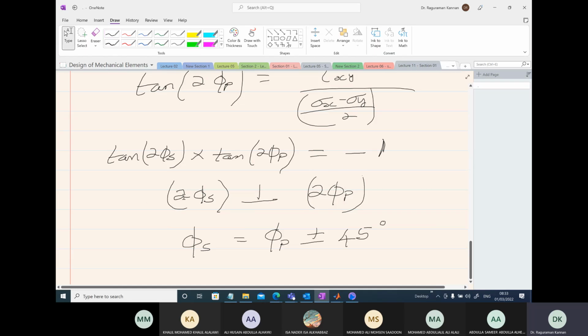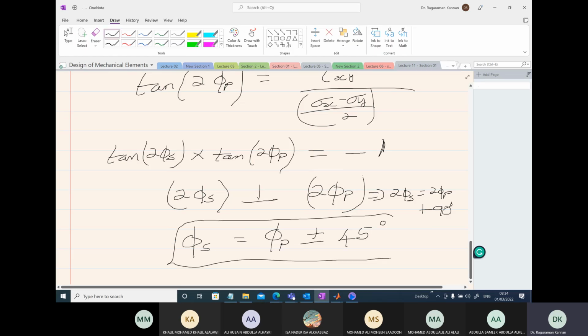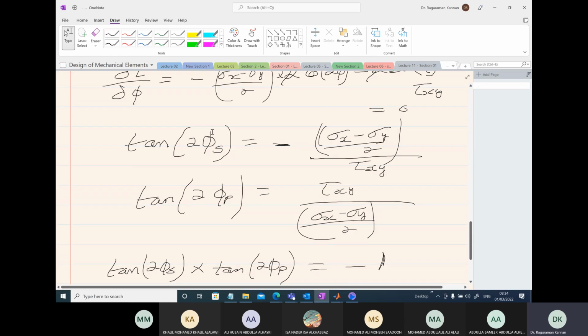Since 2 phi s is perpendicular to 2 phi p, again 2 phi s is equal to 2 phi p plus 90 degrees. So we can rewrite the formula, and this is the formula we get finally. It's plus or minus 45 degrees, or we can use this formula directly to get the angles in 2D problems.